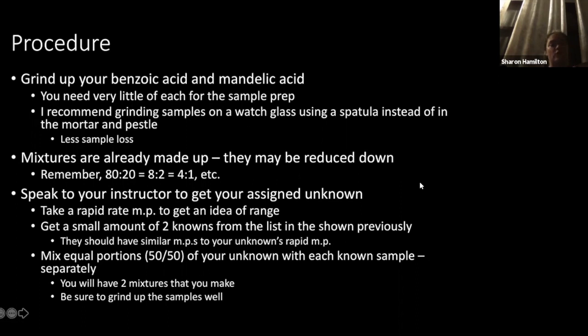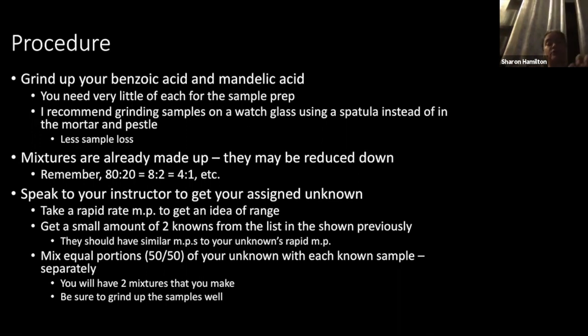Once you have completed all your benzoic and mandelic acid data collection, then talk to the instructor in your lab to get assigned an unknown. You're going to first take a rapid rate melting point to get an idea of the range so that you can then identify 2 unknowns from our table that we just looked at that could potentially be your unknown. You're going to get a small sample of each of those compounds and mix equal portions, 50-50, of your unknown with each sample, okay?